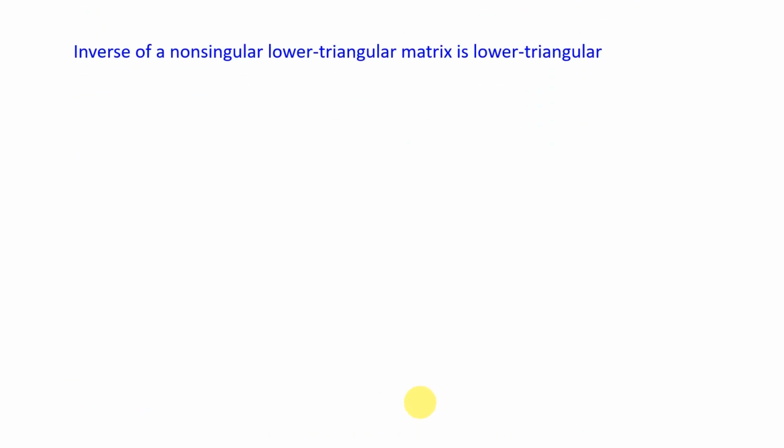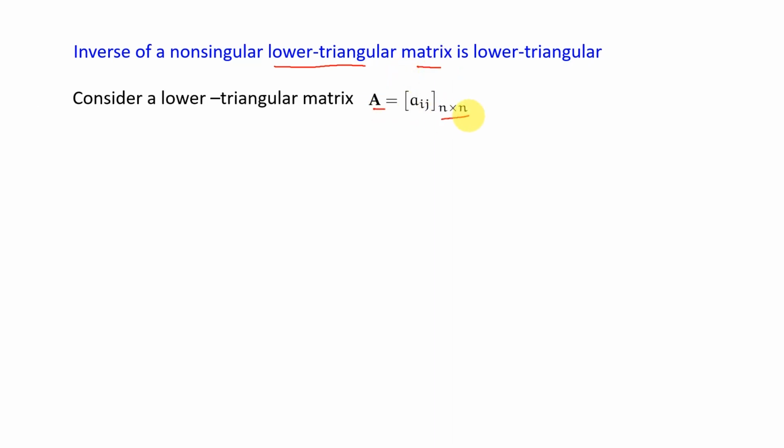Now the second statement we made is that the inverse of our non-singular lower triangular matrix is also lower triangular. Why is it so? Let us say that we have this A matrix, which is an n by n lower triangular matrix, and because the product of lower triangular matrices is lower triangular, I can take powers of A and that will again be lower triangular.